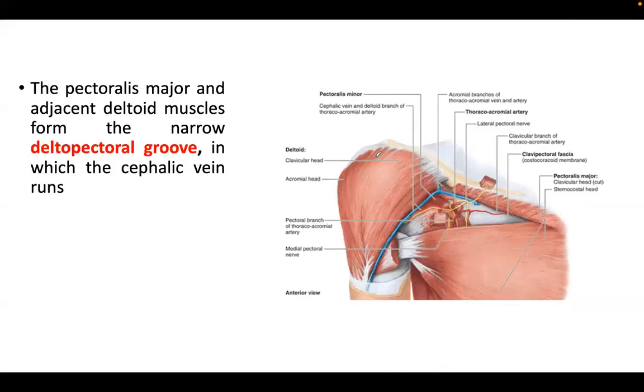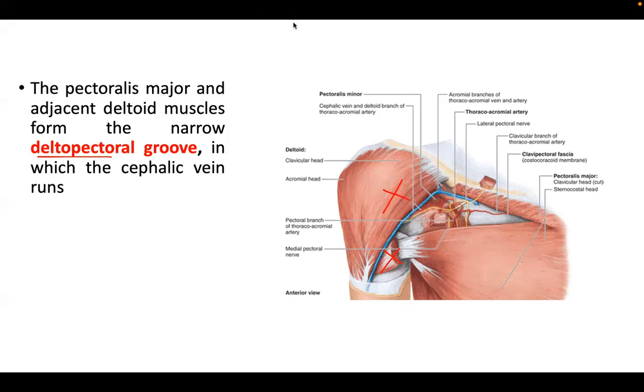Now, very important structure. This is the deltoid. Let me put an X here. This is the pectoralis muscle. Look at this. Pec is here. There is a narrow groove which is created as the pectoralis major and the deltoid muscle come in contact with each other. What do we call this groove? It's called the deltopectoral groove.